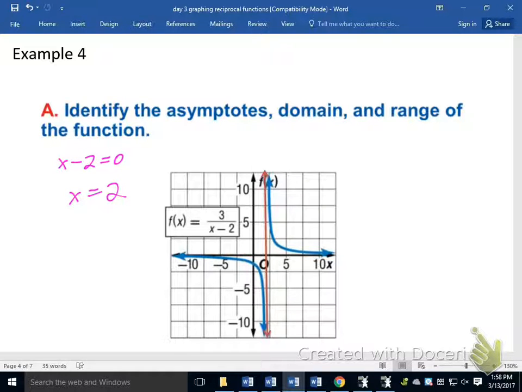So x equals 2 is the vertical asymptote. The horizontal one will be f of x equals 0. The reason it's 0 is because the function is like plus 0 out to the side of it. There was no k value here. So f of x equals 0 is your horizontal asymptote.